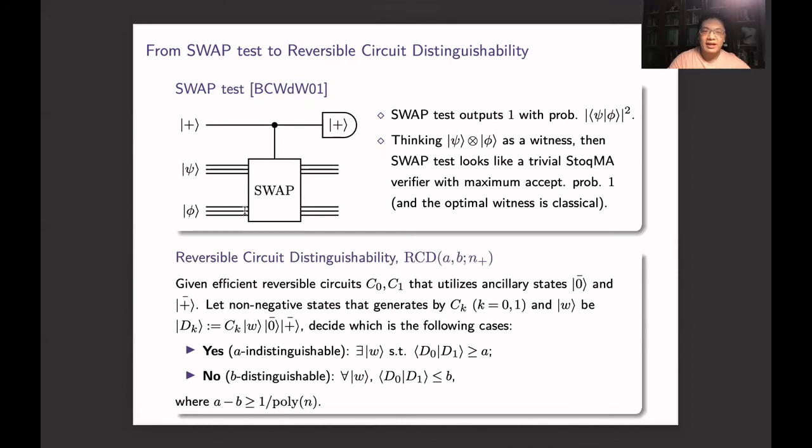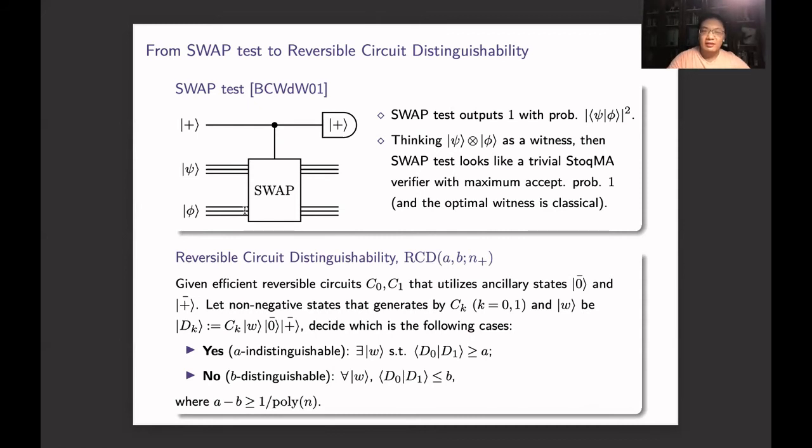In the fashion of the swap test, we can define this problem, reversible circuit distinguishability. Given two efficient reversible circuits C0 and C1 that utilize the same number of ancillary states |0> and |+>, where the number of |+> is n_plus. Let the non-negative states generated by Ck and the given witness |W> be Dk, namely Dk is equal to Ck applied on |W>, 0 ancillas and plus ancillas.